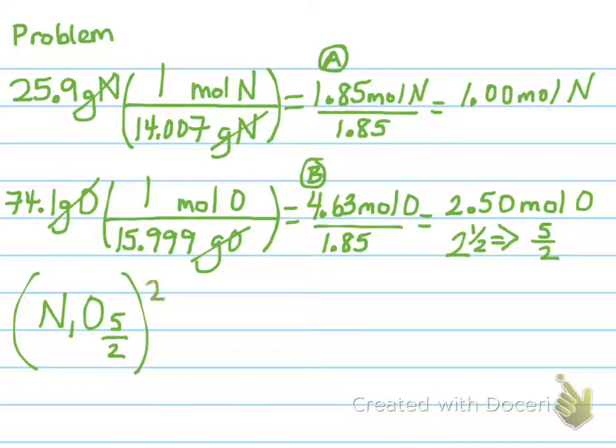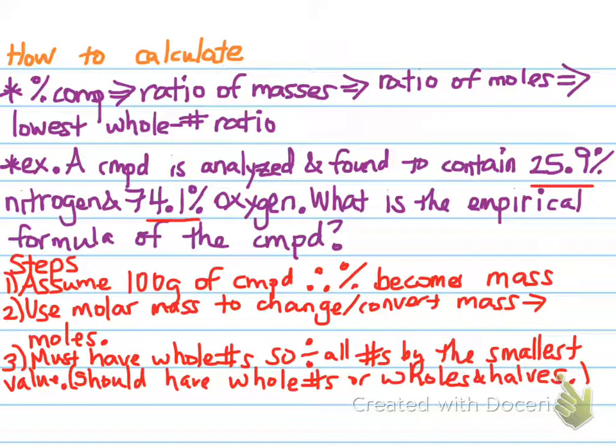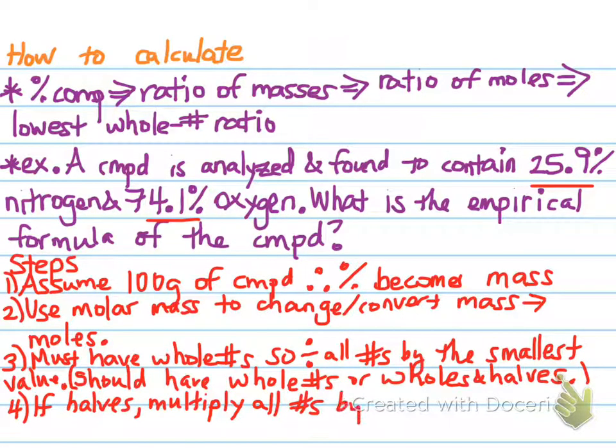I'm going to multiply through by 2. Okay, so back over here, step number 4. If we have halves, we're going to multiply all the numbers by 2 to get whole numbers.